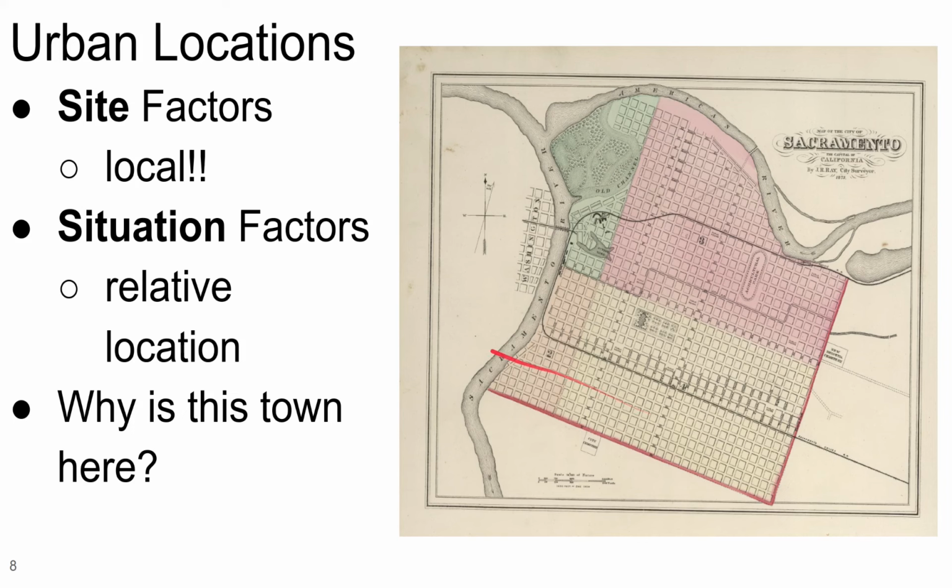But I think the grids were laid out relative to the railroads, and the railroads were probably laid out relative to magnetic north, not true or geographic north. Anyway, some of the site factors would be the rivers, the American River and the Sacramento River, which goes all the way to San Francisco and the Golden Gate. And the situation factors would be its location relative to the gold fields in the foothills.